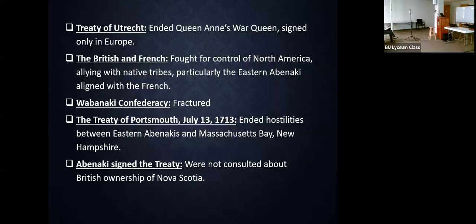And that is that the British got control of Acadia. Okay? They had to give up territories that they had taken from the French, but they had established themselves pretty solidly in that area. And this has importance because we're all very familiar with the exile of the Acadians that happens a bit later in time.